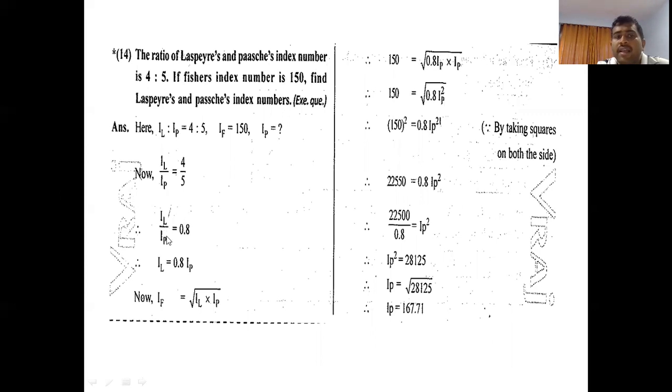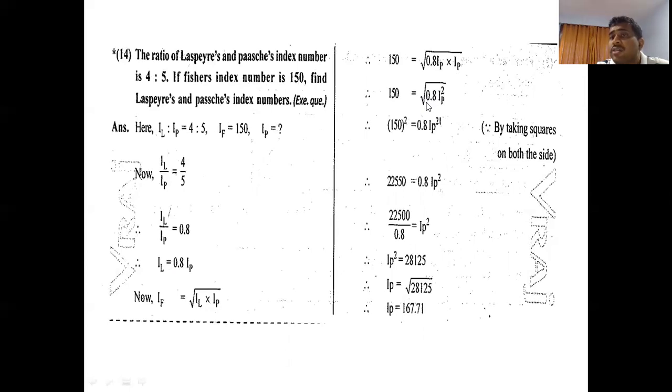Right? If I divide IL upon IP, I will get 0.8. See the sum properly. IL is equal to, now it becomes cross multiply, 0.8 IP. So now we have to apply which method? Substitution. That is, in IL we can use IP with 0.8. One information they are giving, Fisher index number is 150. So find Laspeyres and Paasche index number. So 150 is equal to under root 0.8 IP into IP. 150 is equal to under root 0.8 IP square.